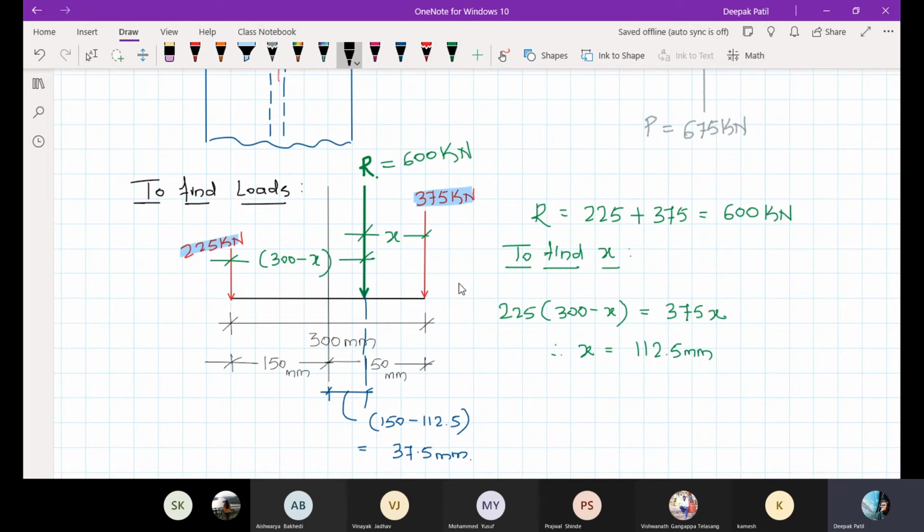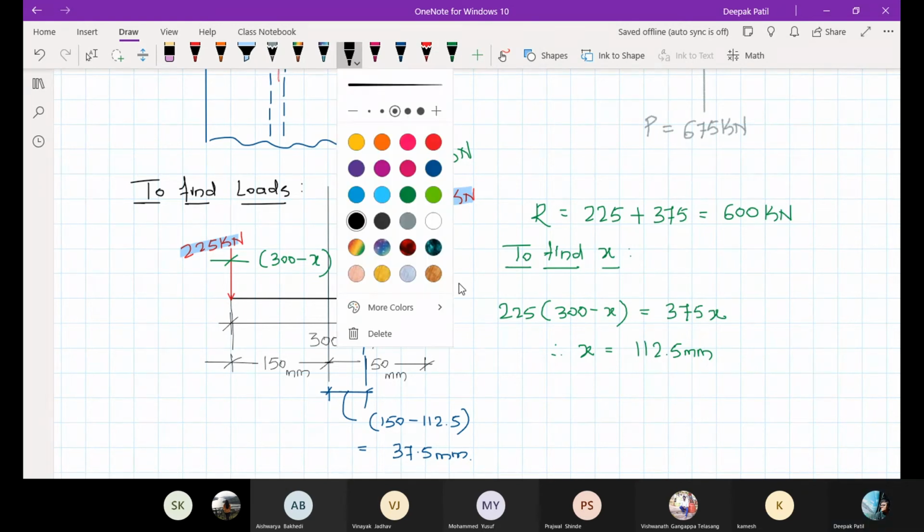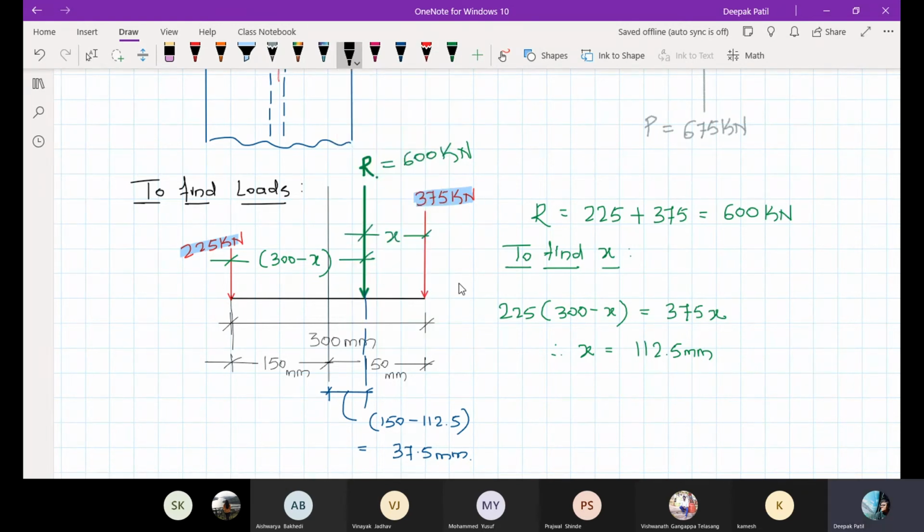I will draw this. These are the flange thicknesses of the column. So this is your actual column. Now this 600 kilonewton is also like a compressive load which is acting on the column. Right?